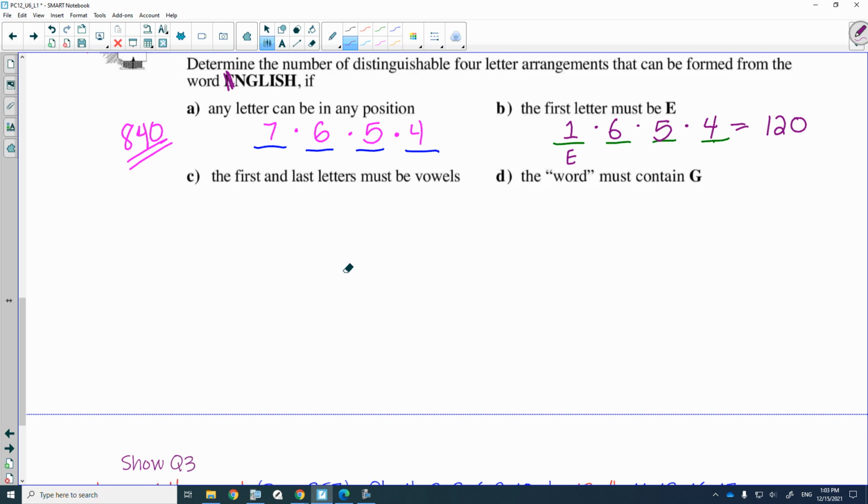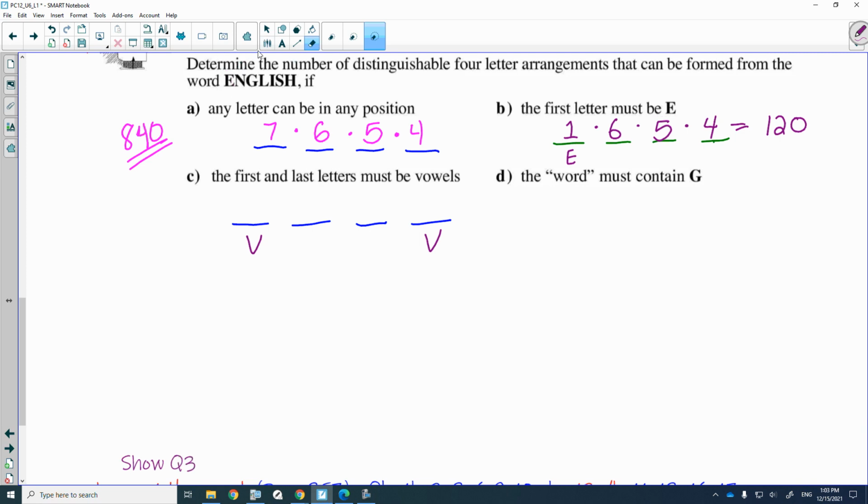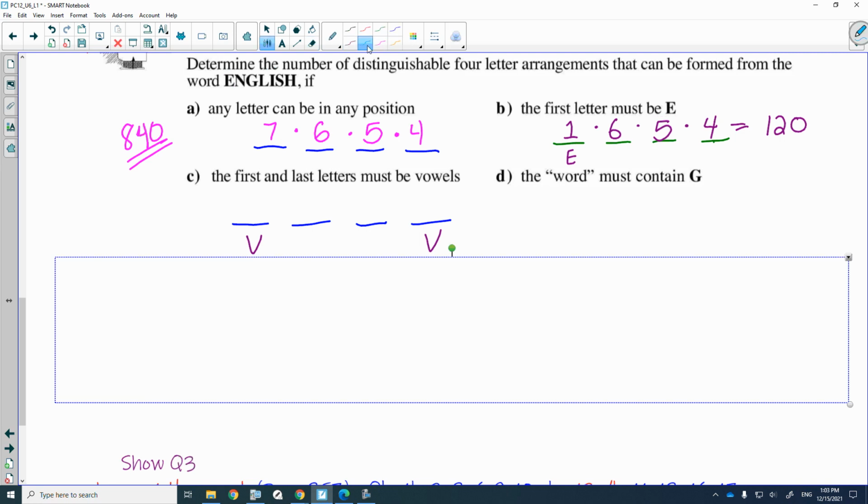Okay, here's another one with restrictions, and we've got to take care of the restrictions first. So it says the first and the last letter must be vowels. So this guy and this guy has to be a vowel. You then go to your word English and you say how many vowels are there. So there's E and I. There's 2 vowels. So that first stage, I could put an E or I could put an I. So how many choices do I have in that first stage? I've got 2 choices.